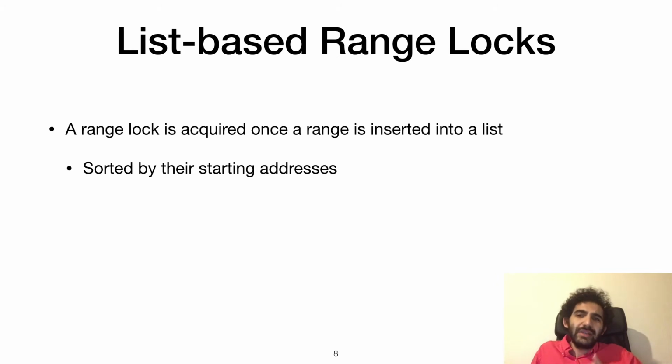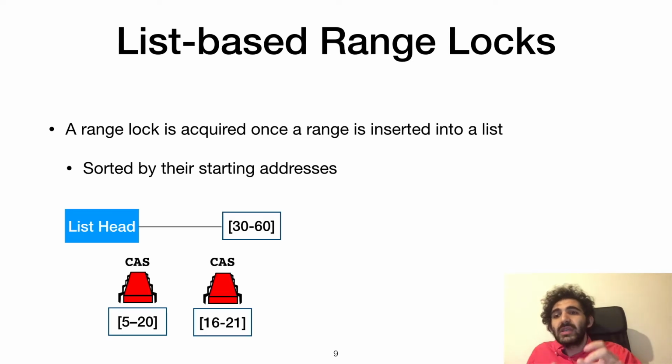So what's the basic idea behind our range locks? Basically, we replace the internal red-black tree data structure with a linked list that stores the ranges that are currently being held, sorted by their starting addresses. When a thread wants to acquire a range lock, all it needs to do is insert a node describing this range into the list. Because this list is sorted, any two ranges that conflict or overlap will always be competing on the same insertion point.